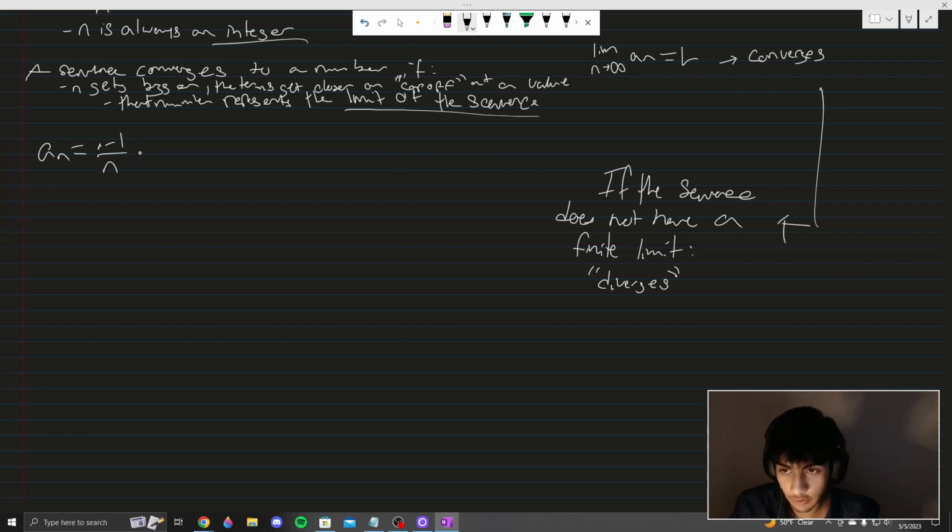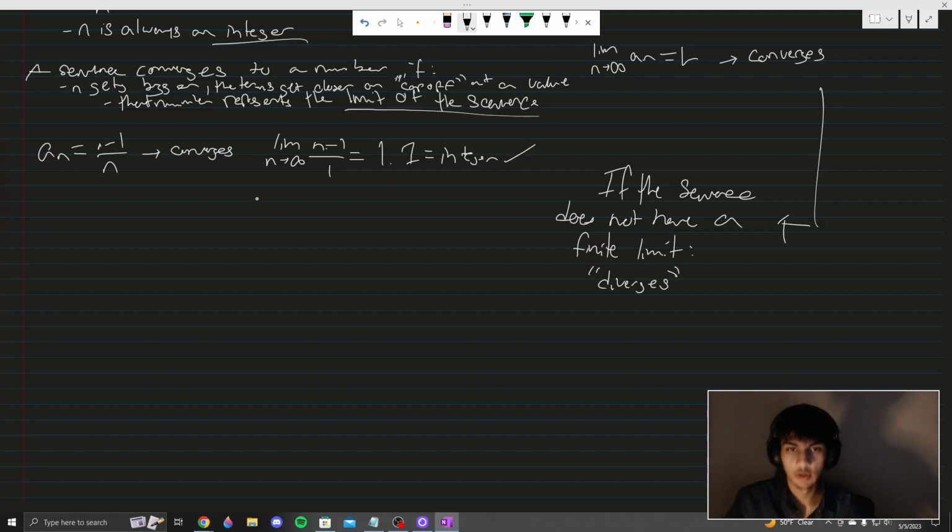And it converges because the limit as n approaches infinity of (n minus 1) over n equals 1. Okay? 1 is a finite value. So that means this converges.